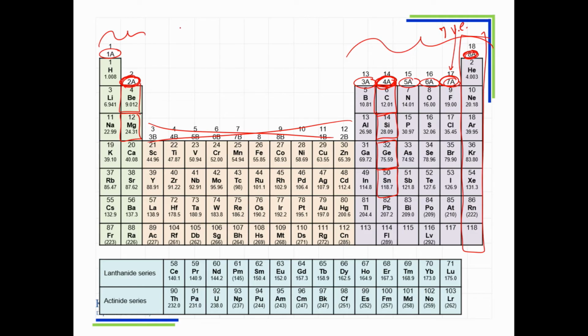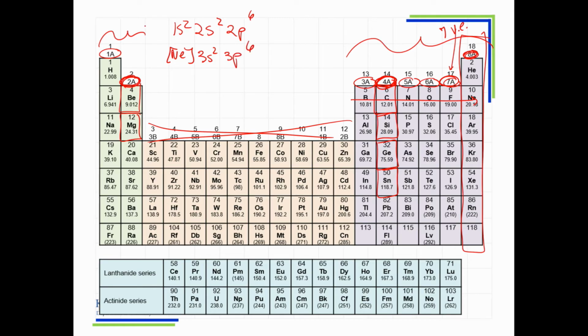Let's do neon, all right? So neon would be 1s2, helium's noble gas core, 2s2, 2p, all the way over to here, 2p6, okay? Argon would be neon's noble gas core, 3s2, 3p6, okay?